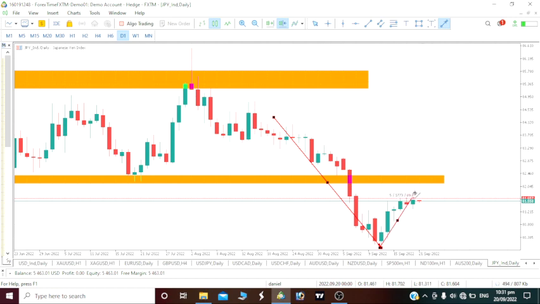So once this pullback is over, which comes to test the support level, as we can see it should be over anytime soon. The reason why we're having these small candlestick wicks is that price does not want to give us that huge bullish movement upward. The price is about to be over. So once the upward movement is over, then a drop will occur on this JPY index.